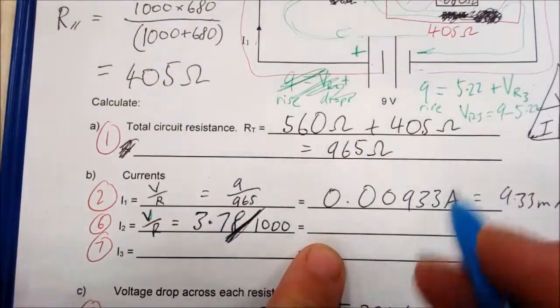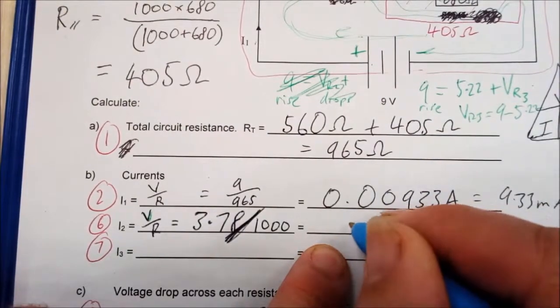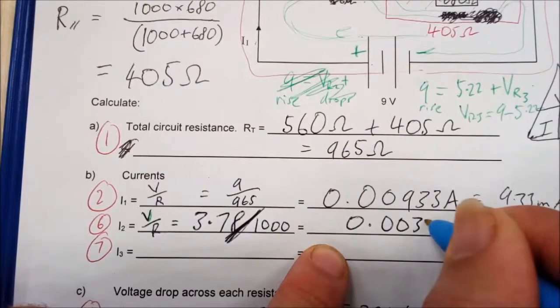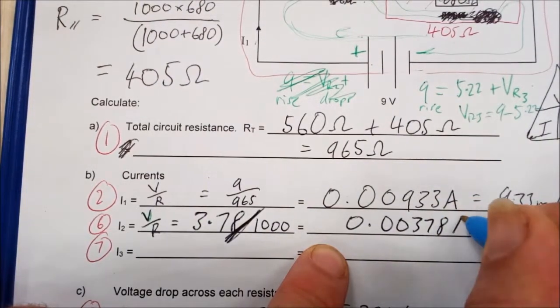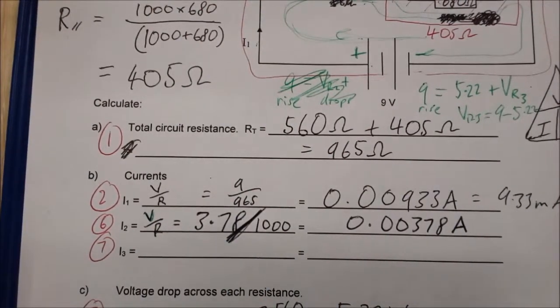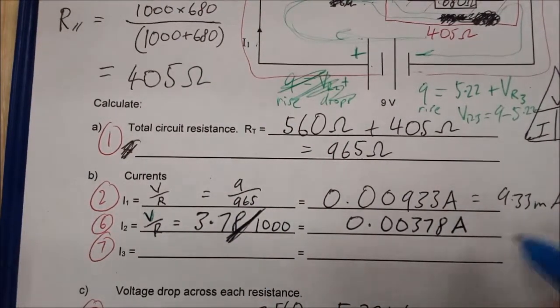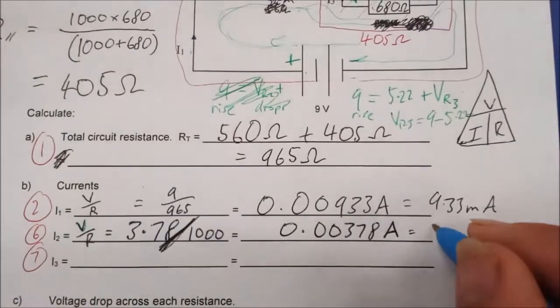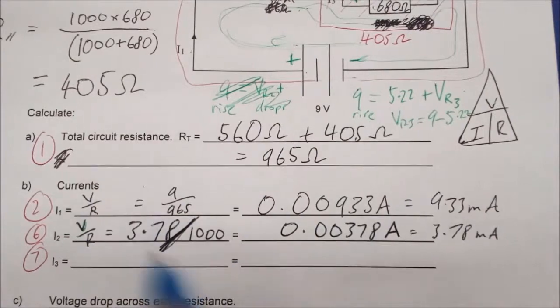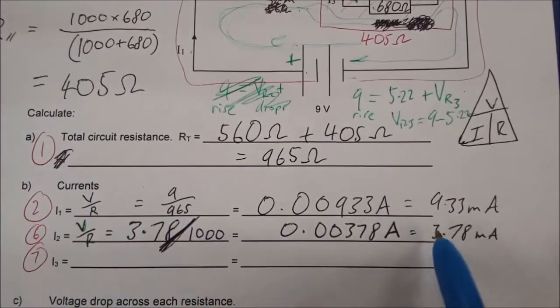I don't need the calculator for that. It equals 0.00378 amps, which also happens to equal 3.78 milliamps. See, dividing by 1,000 takes you to milliamps.